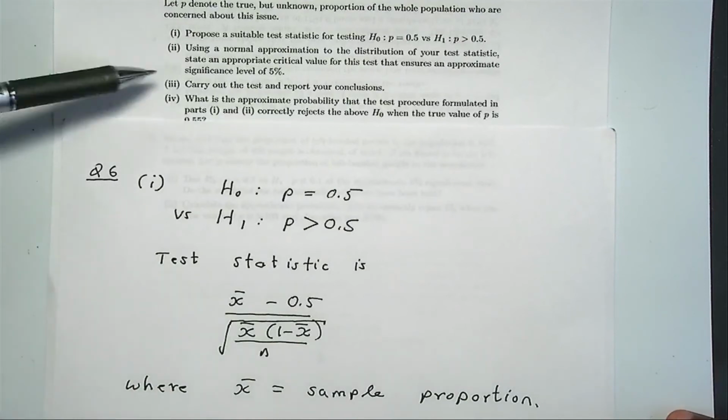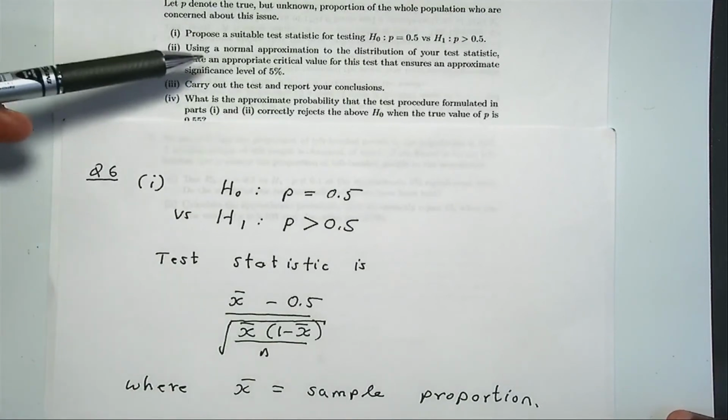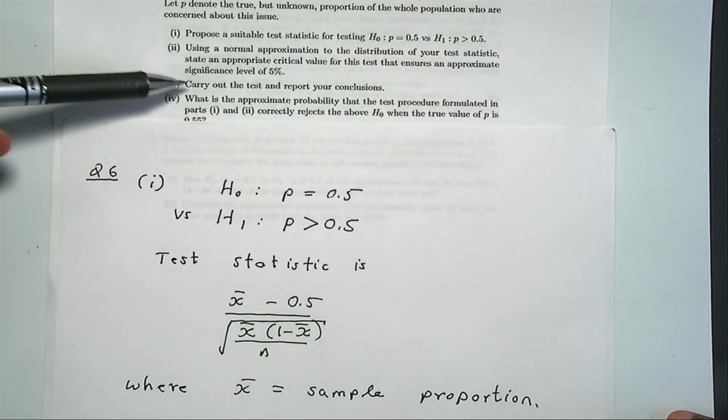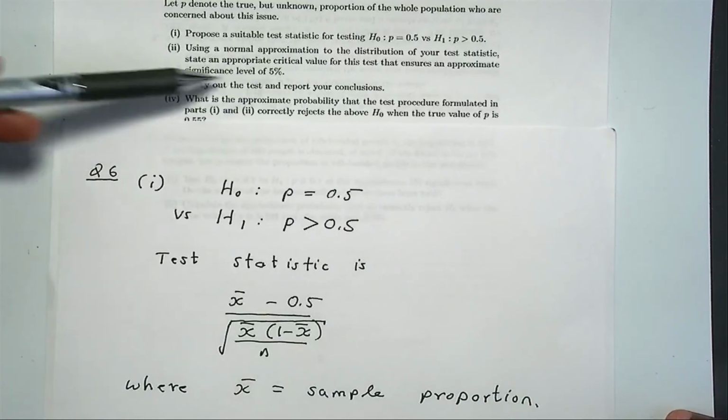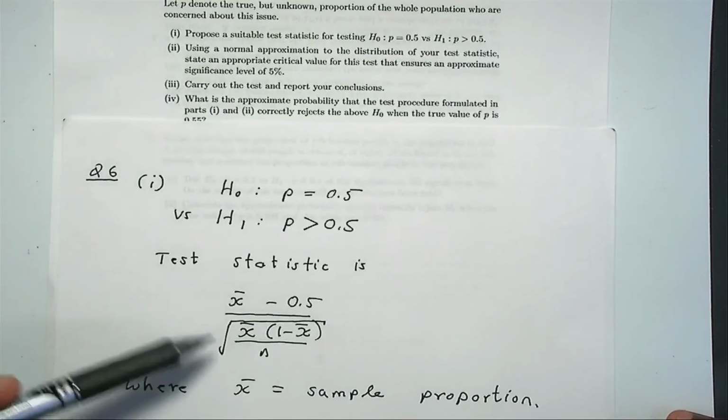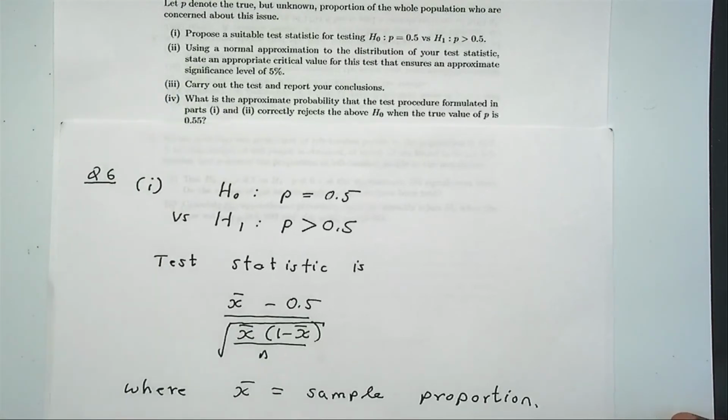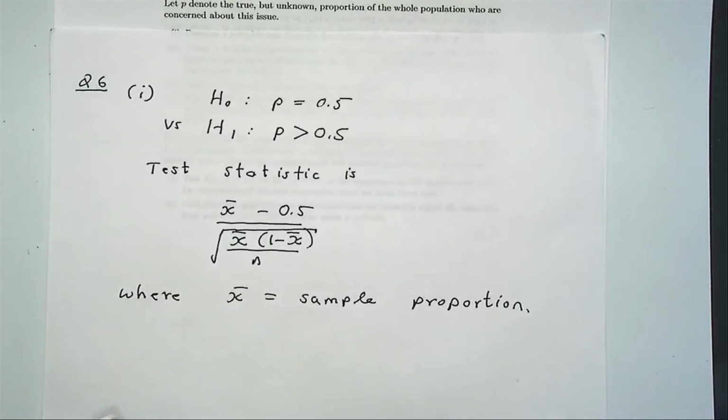The second part is asking you to use a normal approximation to find a test at 5% level of significance. Now, this statistic itself uses a normal approximation.